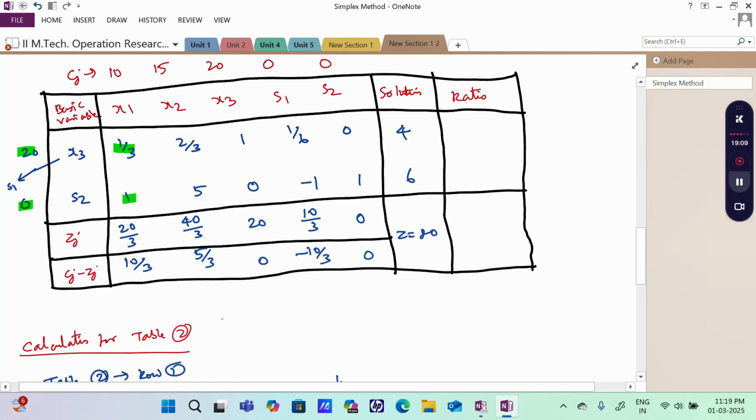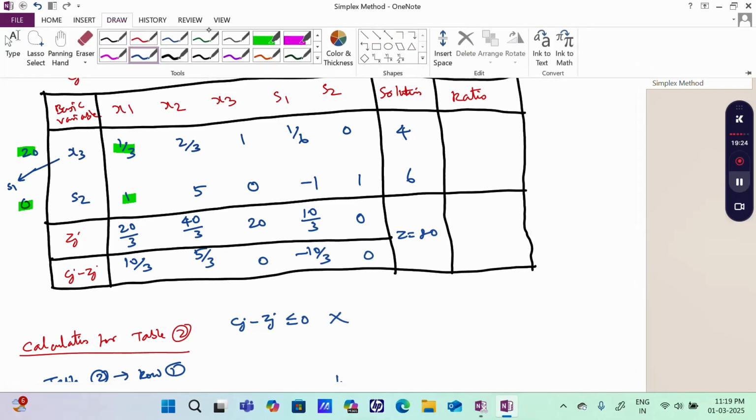So Cj minus Zj less than or equal to 0 is not reached for all the values because we have two positive numbers, 10 by 3 and 5 by 3. So 10 by 3 is our maximum value.